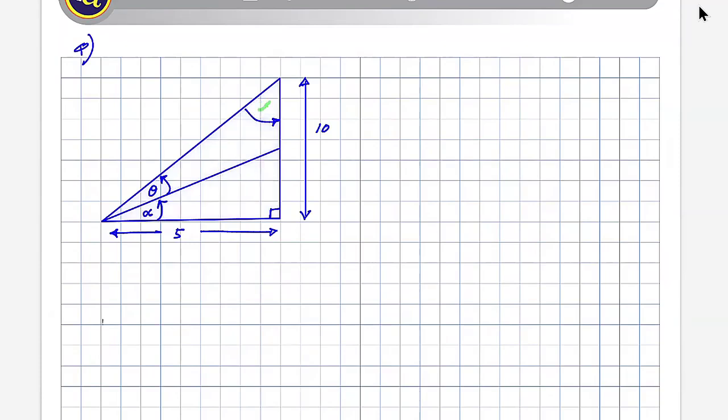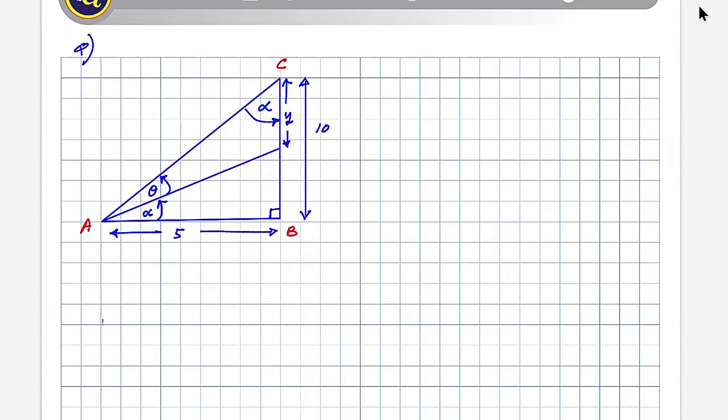This is alpha as well. This is alpha. This is going to be y. Right. So I'm going to say this is A, B, C.